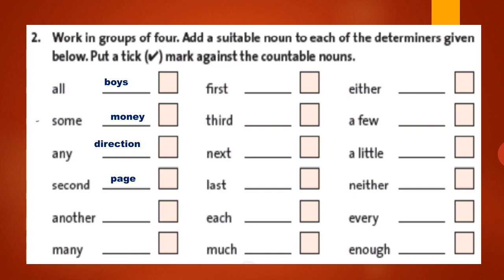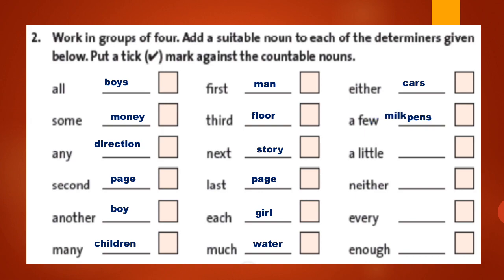Second page, another boy, many children, much water, each girl. Last page, next story, third floor, first man, either cars, a few pens, a little milk, neither toys, every woman, enough salt.